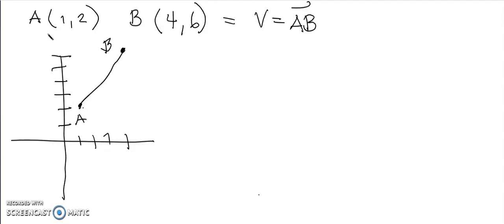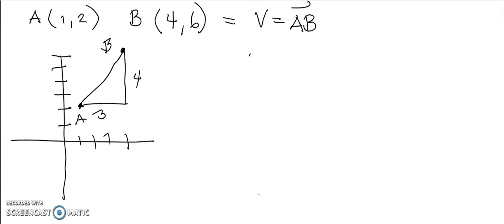So from here, how many units going to the right and going up? It extends 3 units, and then going up, we have 4 units.